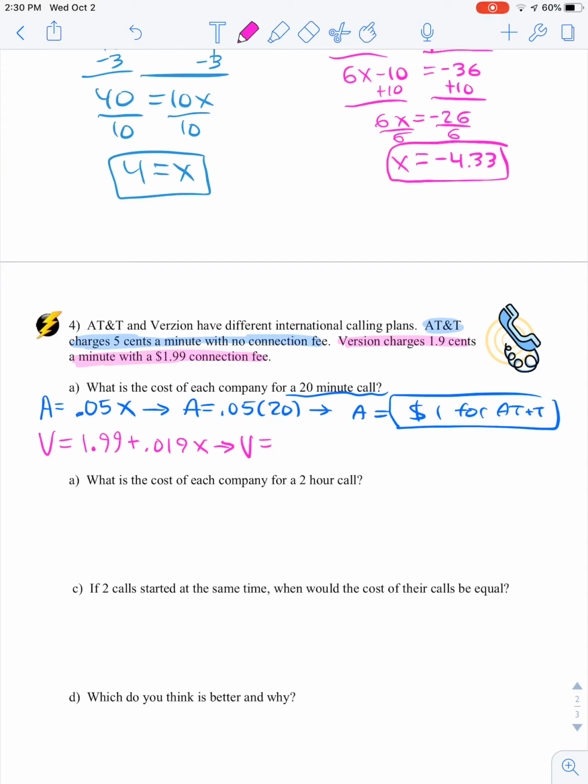V equals 1.99 plus 0.019 times 20 for 20 minutes. When I type this into my calculator, I get 0.019 times 20 plus that $1.99. That's going to cost us $2.37.